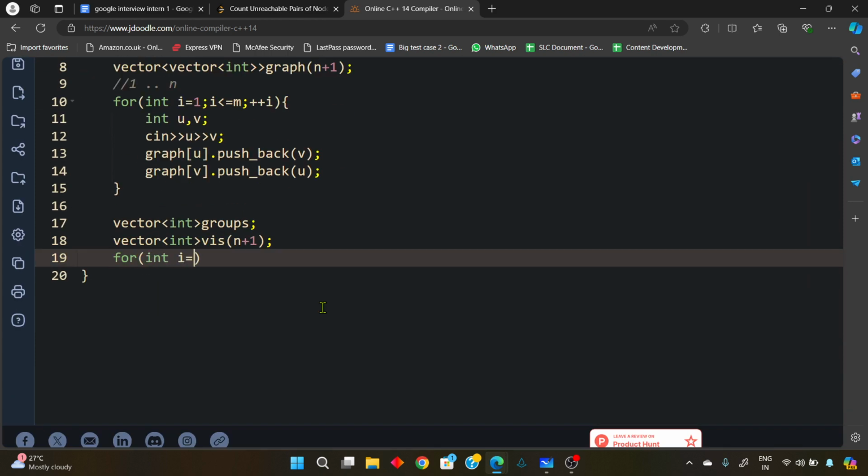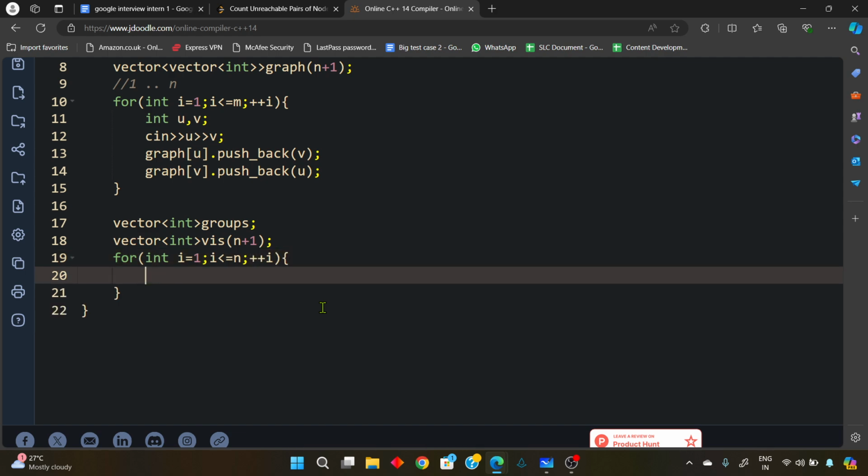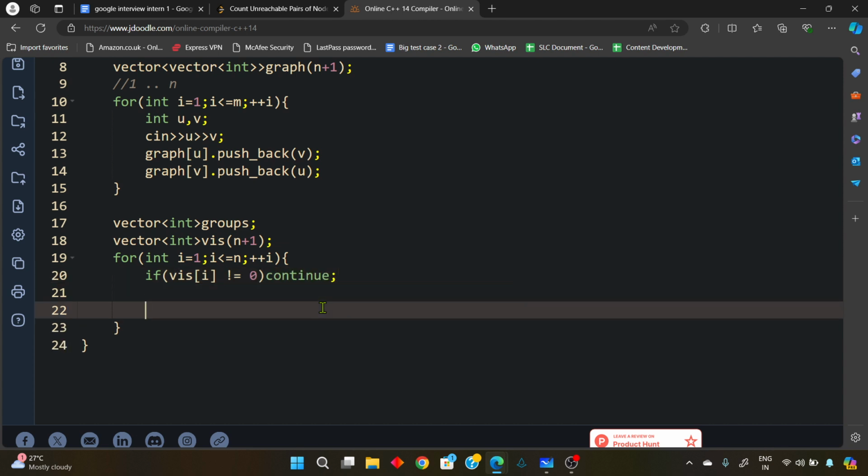I'll simply go through them, 1 to n, i plus plus. If this person is already visited, skip it, move on to the next person and check if they are visited or not.